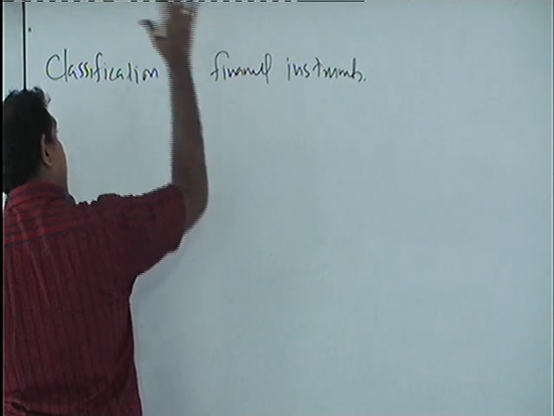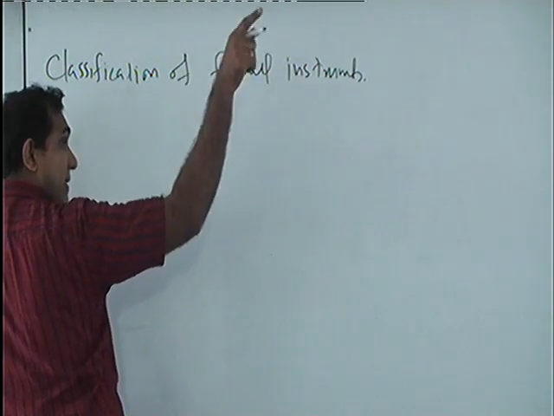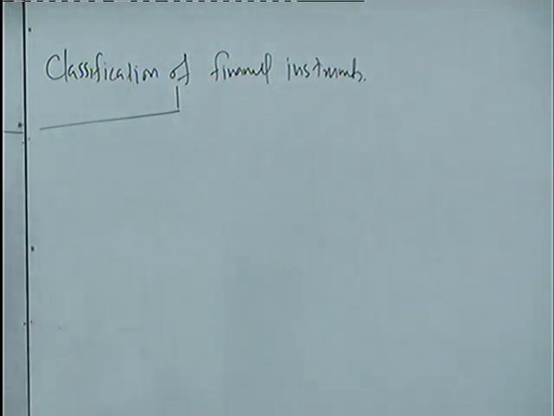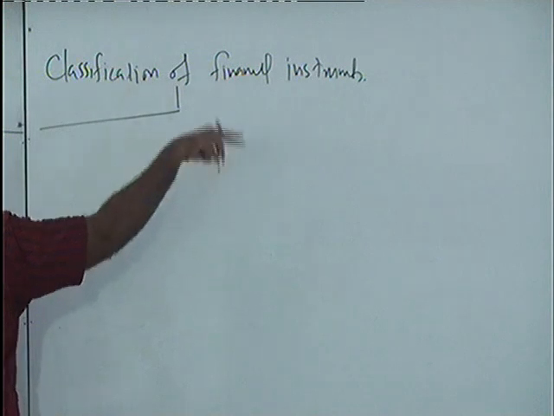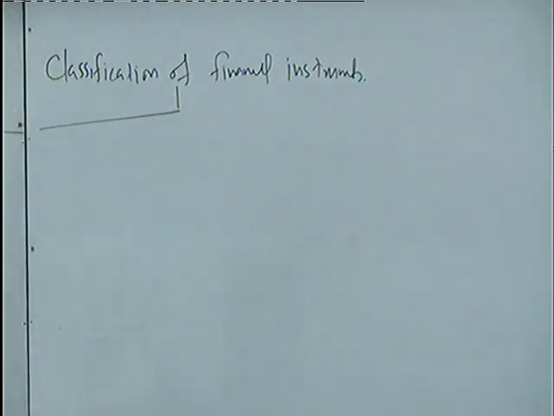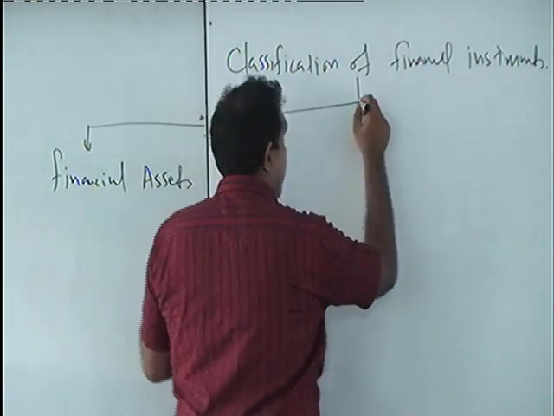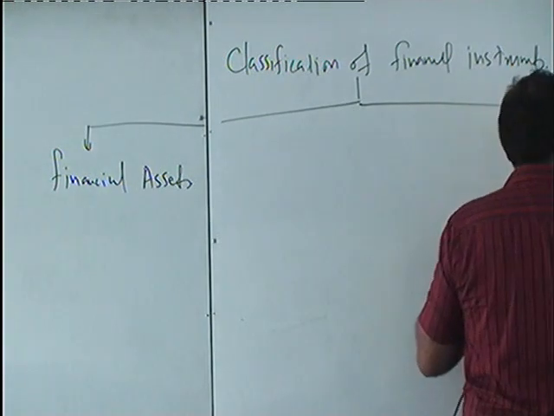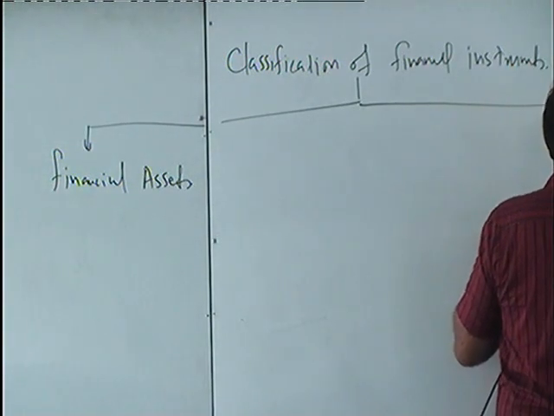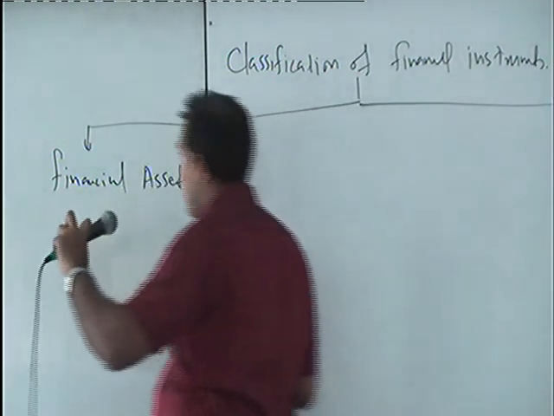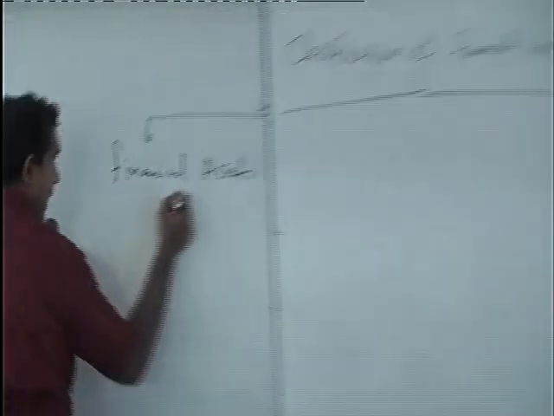Already we have classified based on LKAS 32. So financial asset and financial liability could again be classified based on SLFRS 9. Financial asset. Financial liabilities.